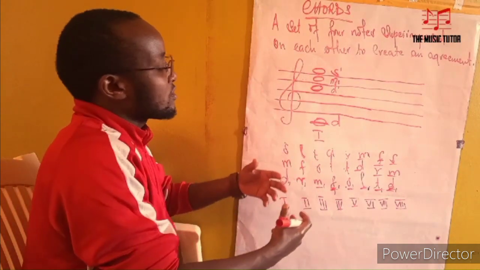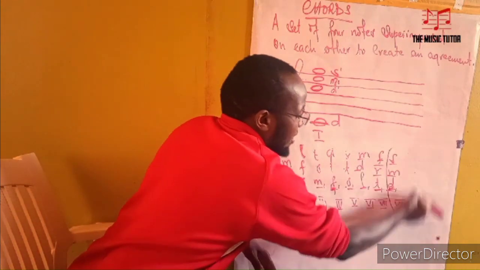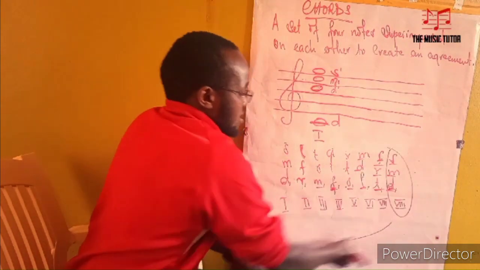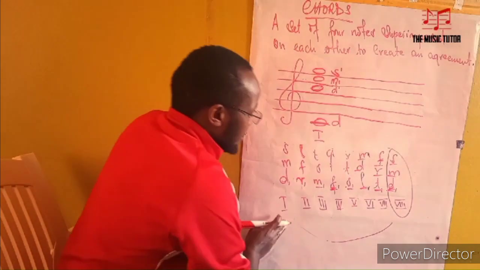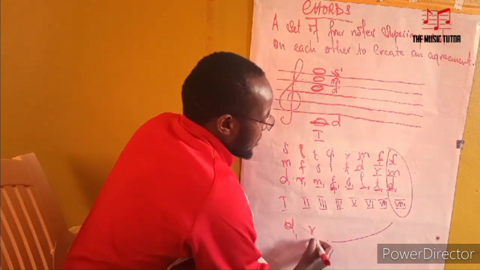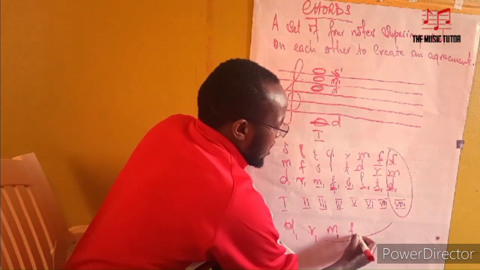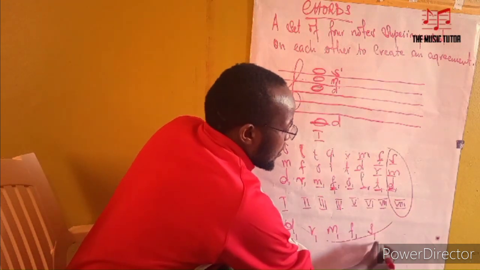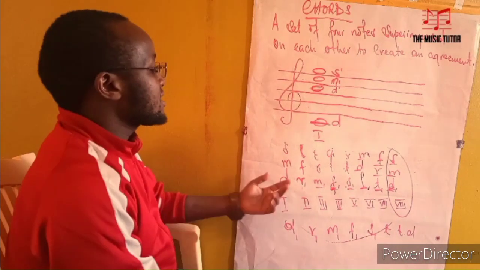We can create from the triad 2, 3, 4, 5 up to triad 8, which is the same as triad 1. And how do we do this? We double the root. Do, re. We play the lower do, re, mi, fa, so, la, si, do. All the time on these chords.